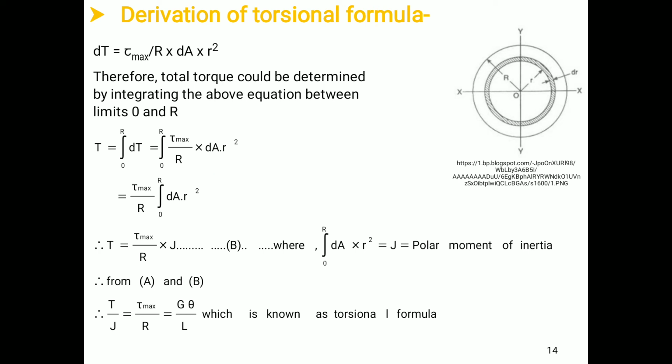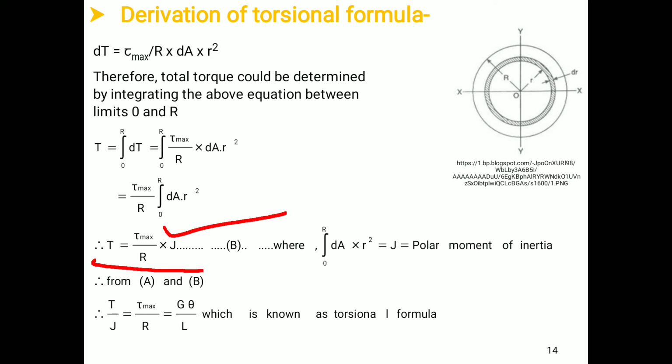Therefore as tau max upon R is constant, we will take it out from the integration side. We have tau max upon R into the integration over the limit 0 to R of dA into r square. So T is equal to tau max upon R into J. Remember that this is the new concept.